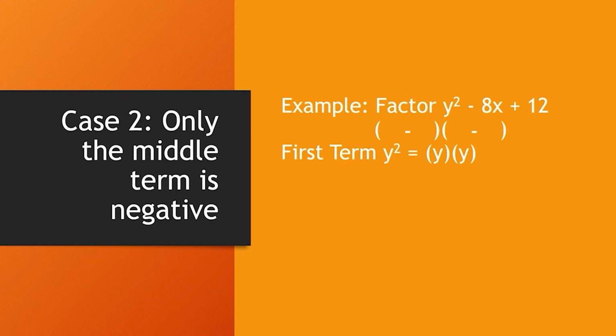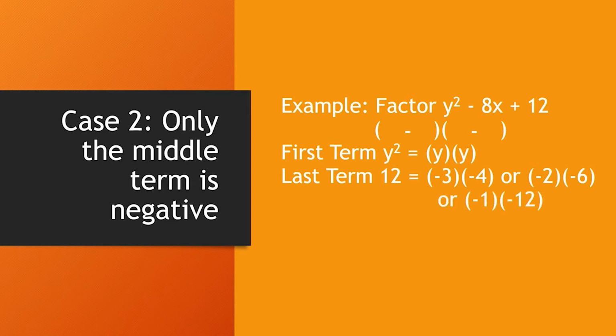Last term, which is 12, the factors are negative 3 and negative 4, or we can have negative 2 and negative 6, or we can have negative 1 and negative 12. Since we're looking for the sum of negative 8, we're going to choose negative 2 and negative 6.